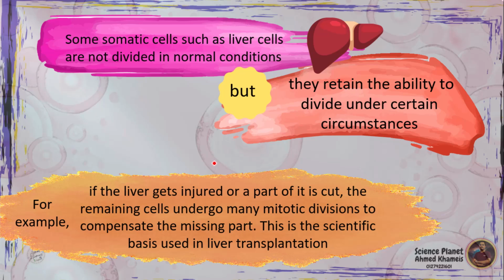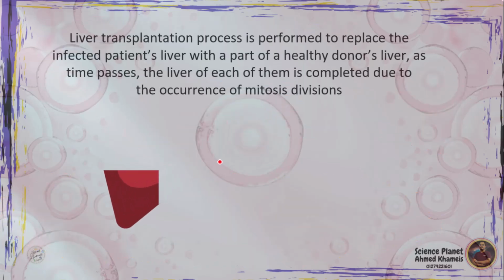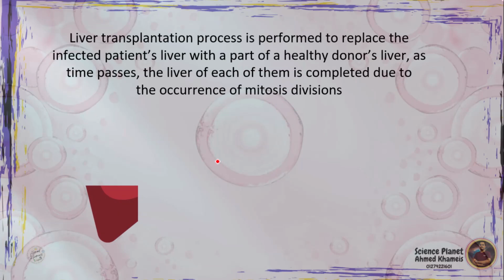And in medicine, we use this ability to do a liver transplantation. When someone has a damaged liver, we take a portion of the healthy liver of a donor and transplant it to the injured person.